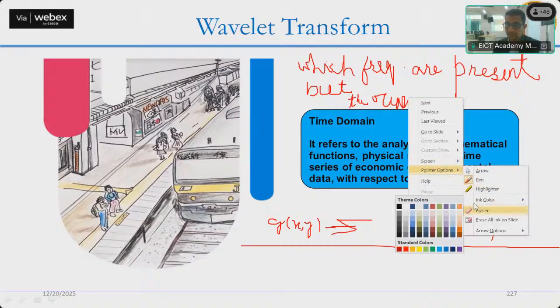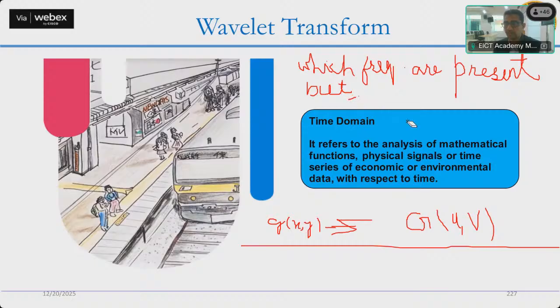Overall we know the frequencies, but at a certain point of time, we are not able to tell which frequency is present. At this moment, between this time band, it is very difficult to tell. That is the problem. To address this problem, the wavelet transform comes into the picture.